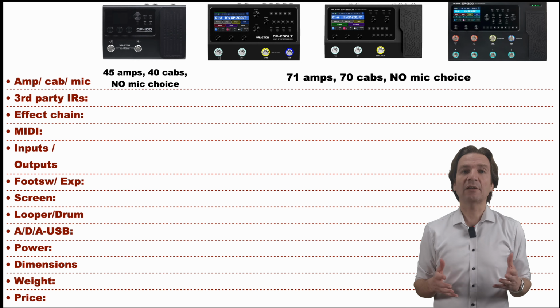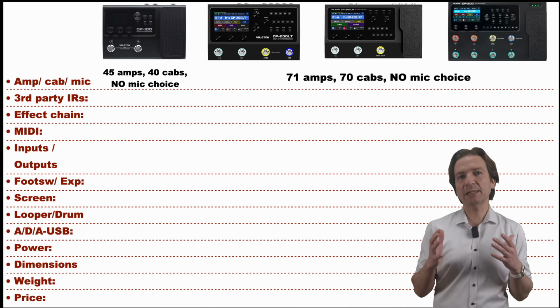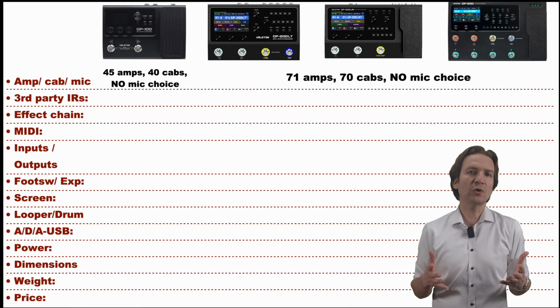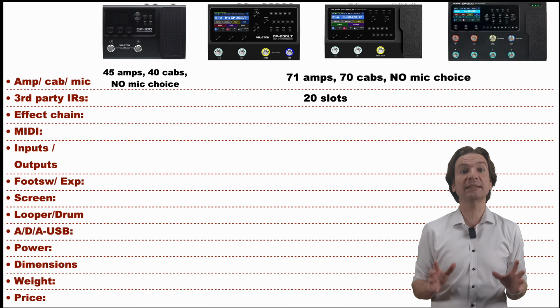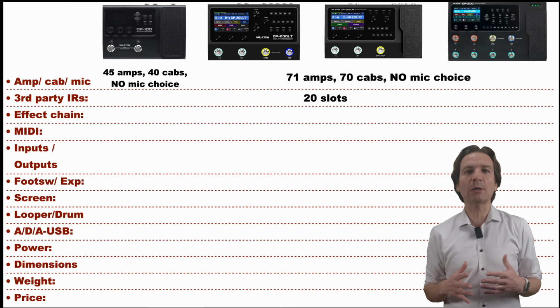But here the philosophy of Valeton, I think, is to keep things simple and of course keep the price low. All the units support third-party IRs with 20 user slots at our disposal.